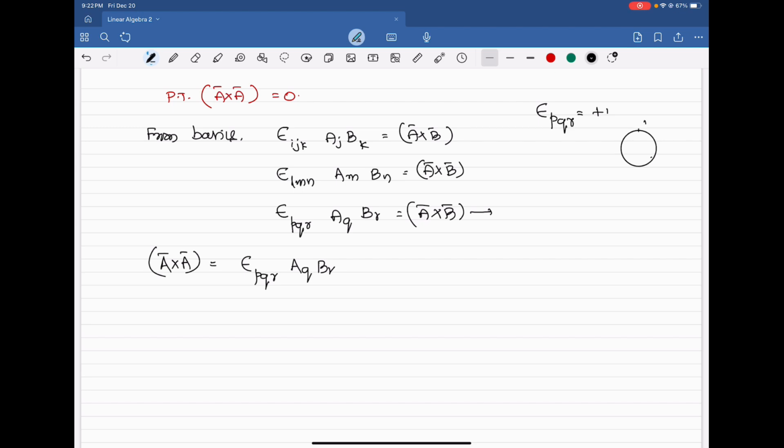Let us see. This is 1, this is 2, this is 3, this is P, this is Q, this is R. If the order is reversed, you are keeping this the same.